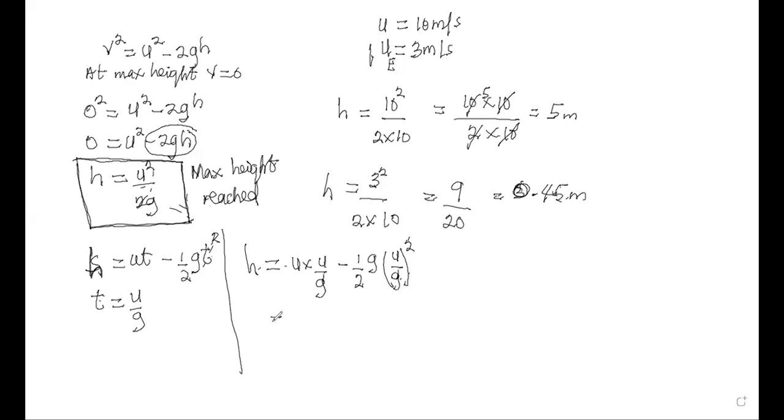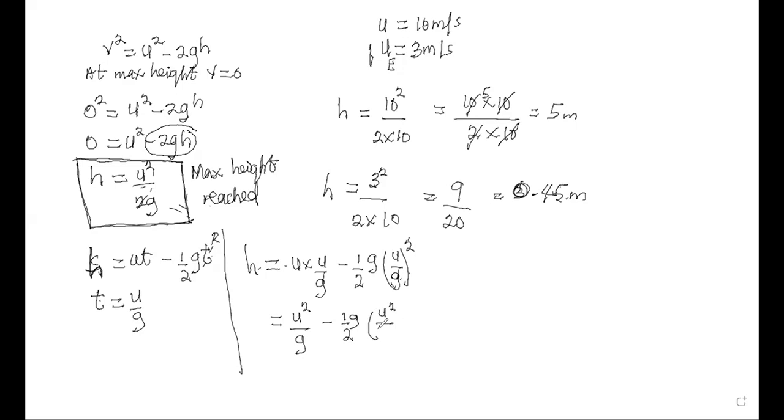So let's take our time to simplify. We have U squared over G minus half times G times, we square whatever is within the bracket. So we have U squared over G squared.